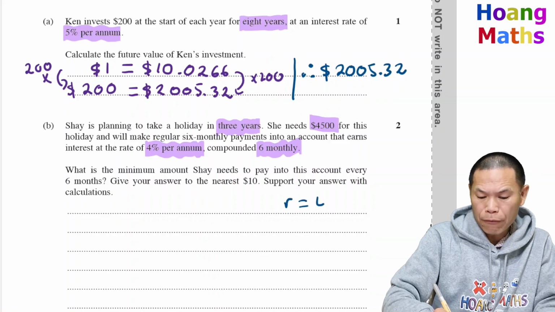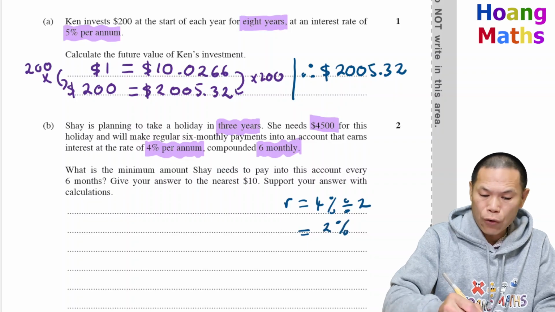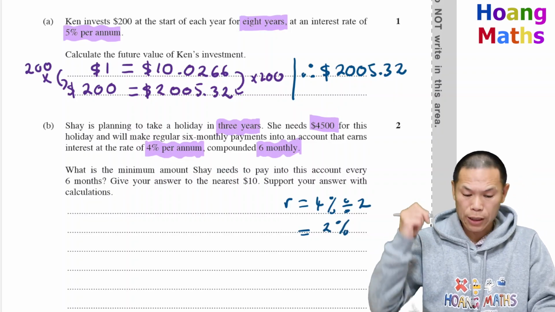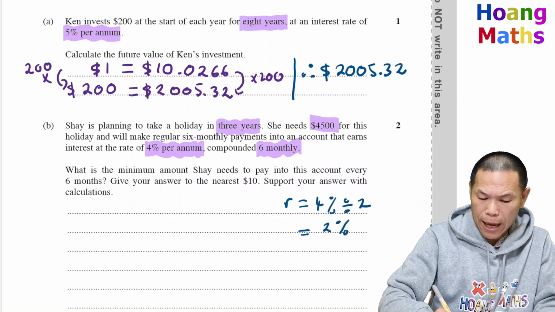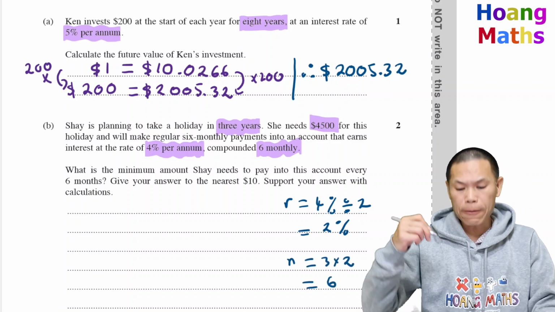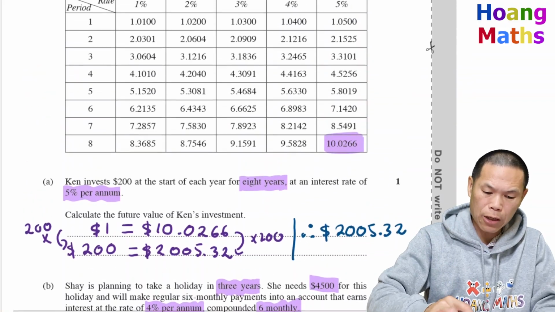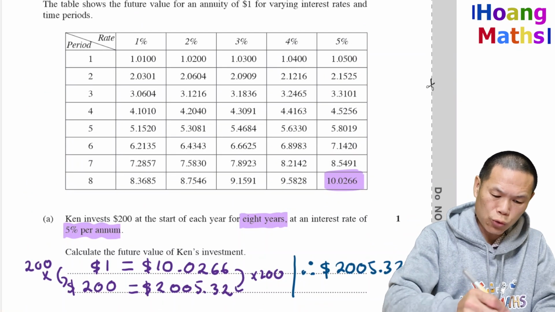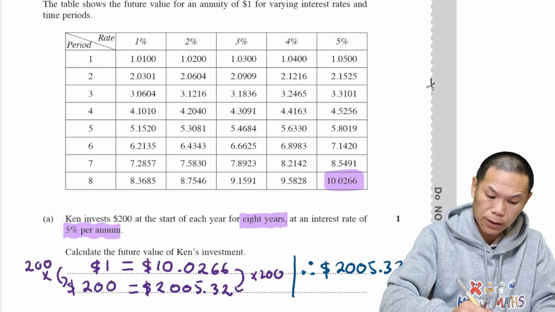R is 4%. We divide by 2, so that is 2%. And for 3 years, compounded 6 monthly, that means N is 3 times 2. That gives me 6. So 2%, N is 6.